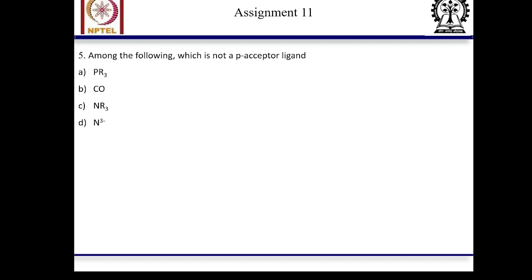Okay, option C. I'm confused. What is the answer you have given for five, among the following, which is not a pi acceptor ligand? Actually, you cancel this.